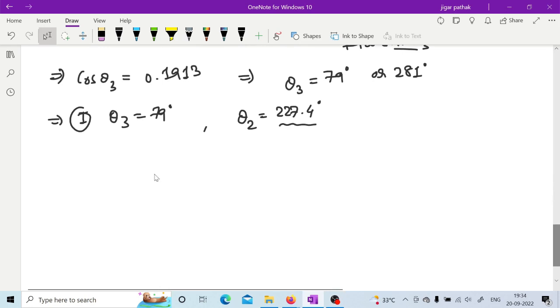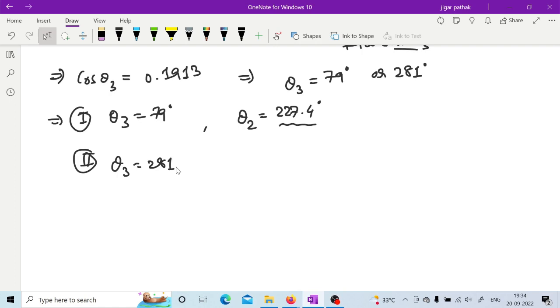So that is why this theta 2 is taken in the third quadrant. Similarly, if you go for theta 3 equal to 281 degree, then you will find that theta 2 will be 132.6 degree. So this is how you will be able to calculate the balancing masses and the location at which these balancing masses are there, right?